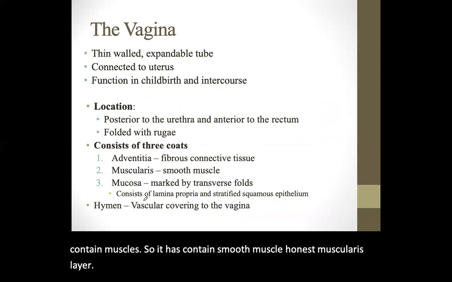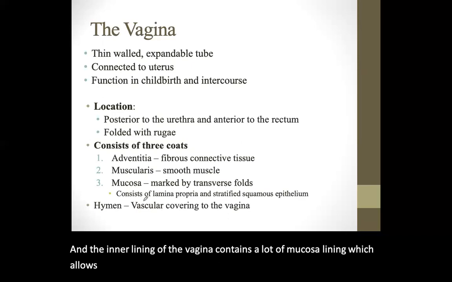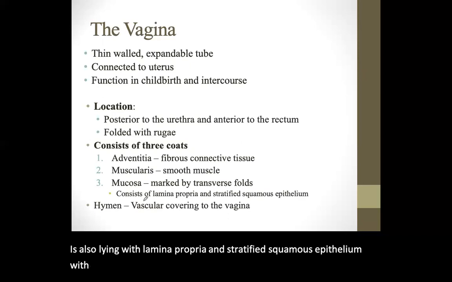And the inner lining of the vagina contains a lot of mucosal lining, which allows the production of lubrication during intercourse and childbirth. It is also lined with lamina propria and a stratified squamous epithelium with the goal of protection as the vagina opens up to the outside.